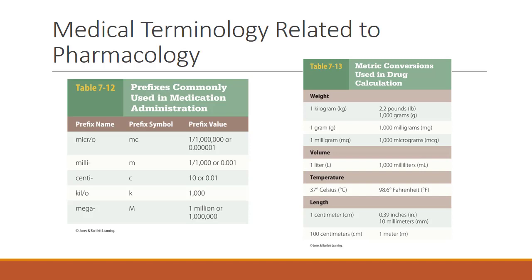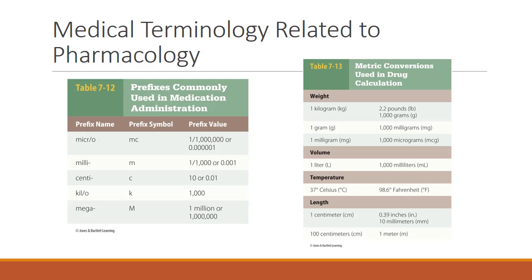Kilo, or K, small k. Notice these are small, so far small letters. They're lowercase. Kilo indicates 1,000 of something. And mega, which uses a capital M as opposed to a lowercase m, is 1,000,000 of something.